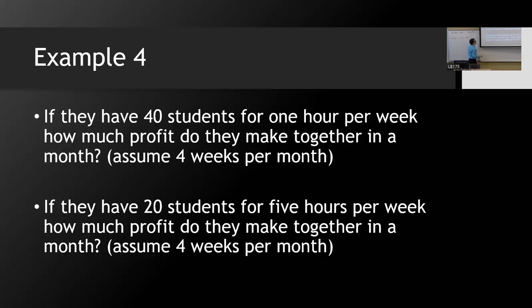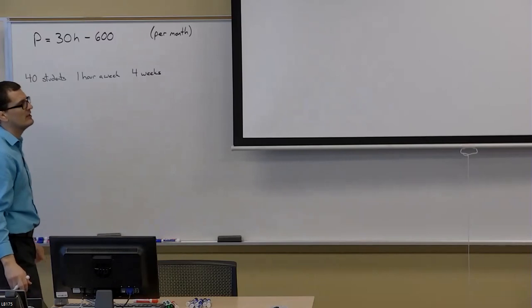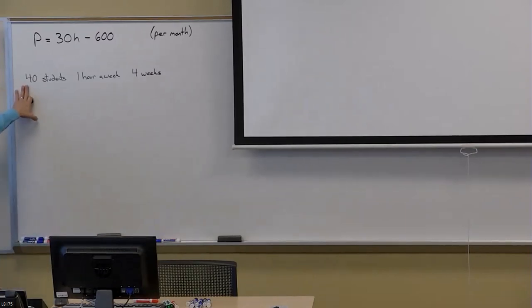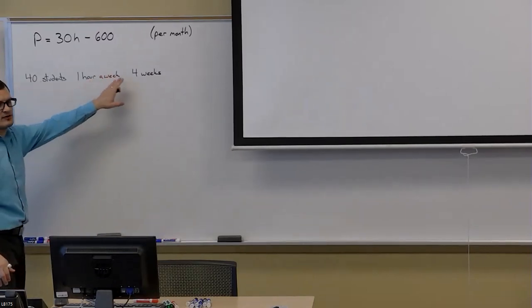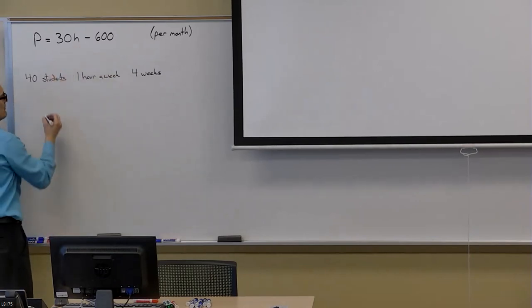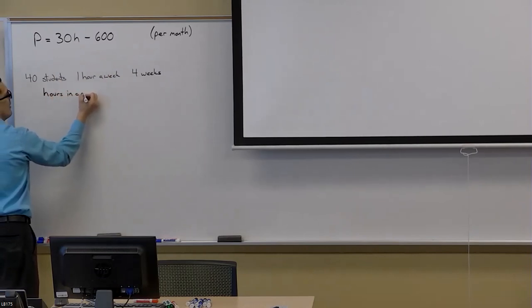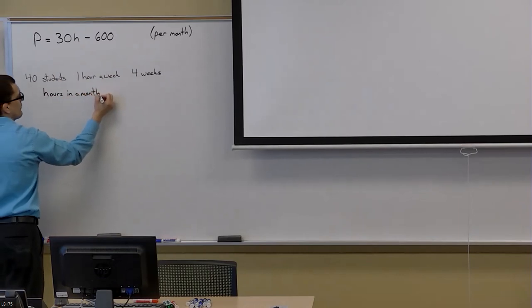So let's actually go through that first bullet point, and we'll go back to the next bullet point. If we have 40 students for an hour a week for 4 weeks, how many hours in a month are spent tutoring?